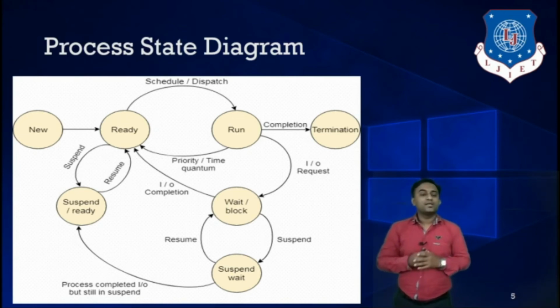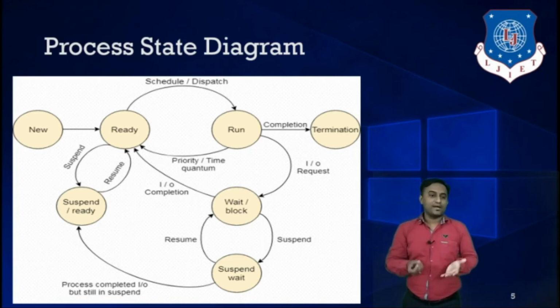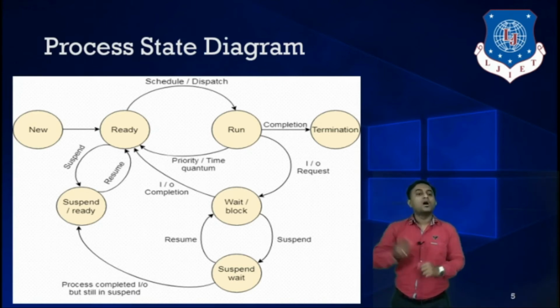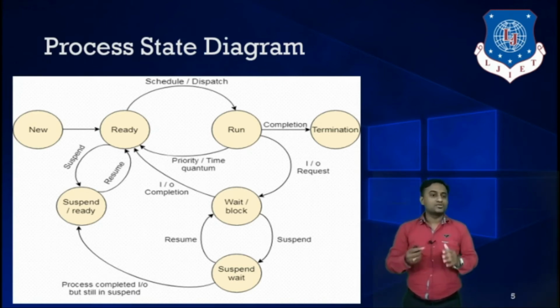Second is if the time quantum expires. This is based on the different scheduling algorithms that we are going to discuss in the upcoming sessions, but these things you have to keep in your mind.